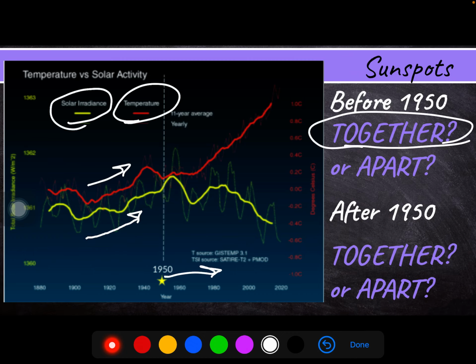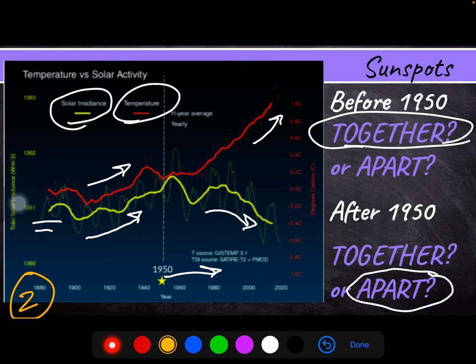After 1950, when we see solar irradiance dropping back to prior levels, we see the Earth's temperature still continue to increase. The data starts to trend apart. And that's different. And so here's what we're thinking about with our solar irradiance and impact to temperature.